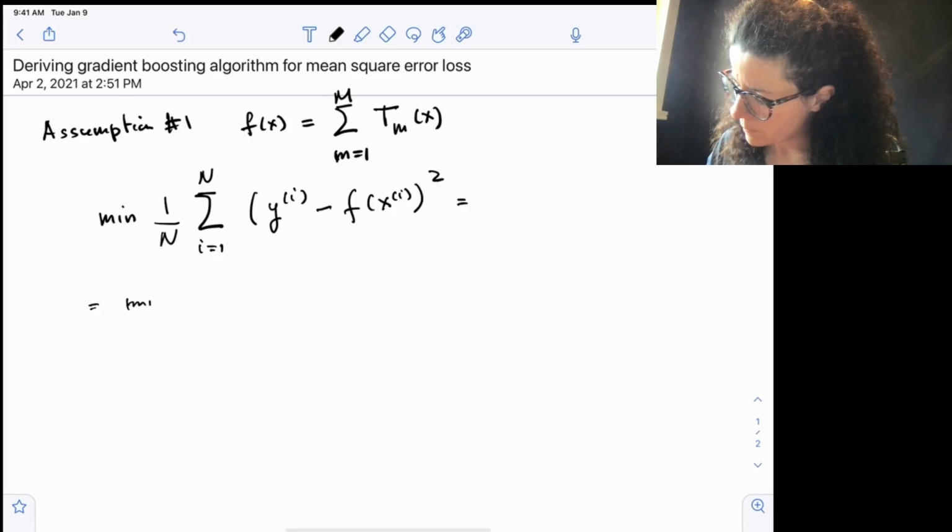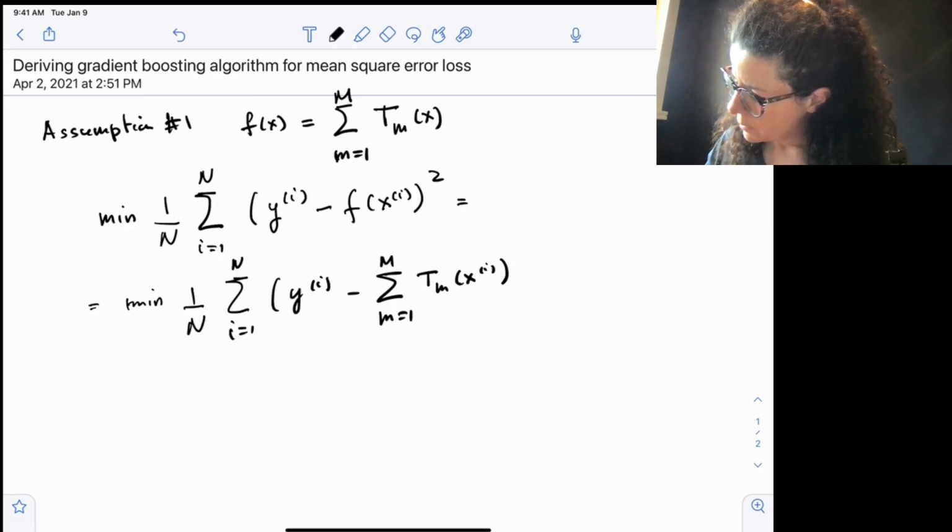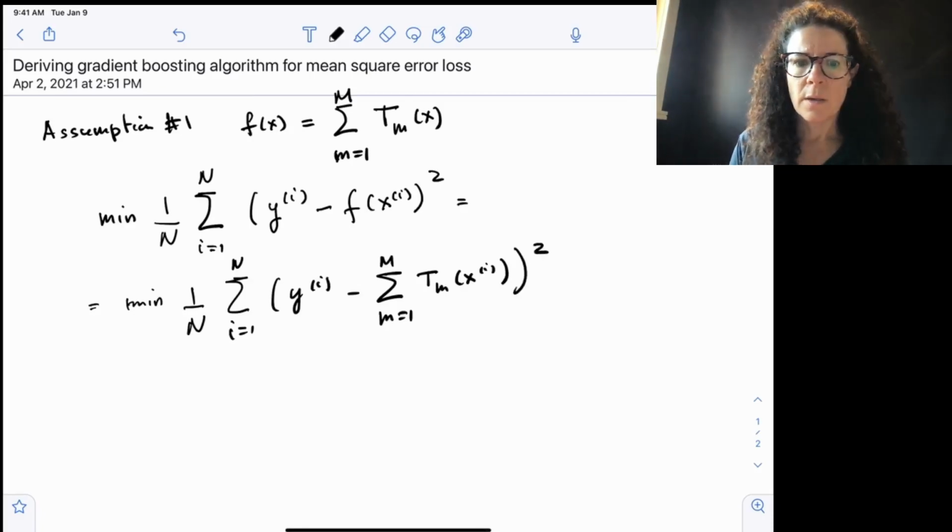So this is equal to minimizing 1 over n, sum i equals 1 to n, of y_i minus the sum of T_m of x_i, squared.